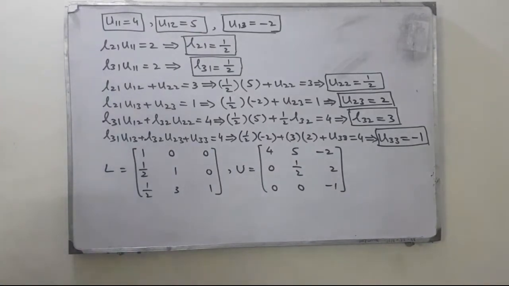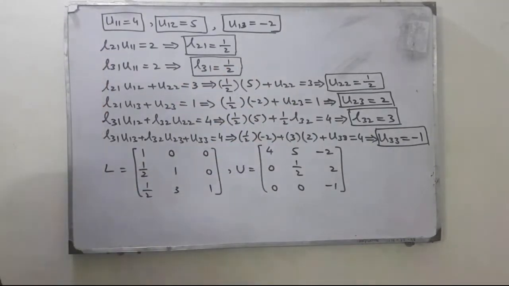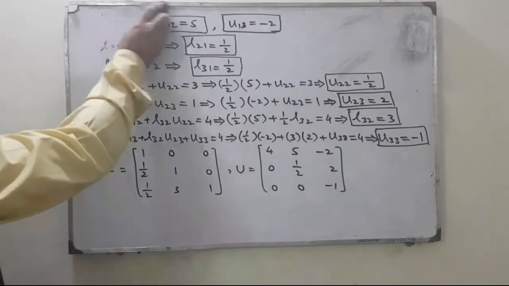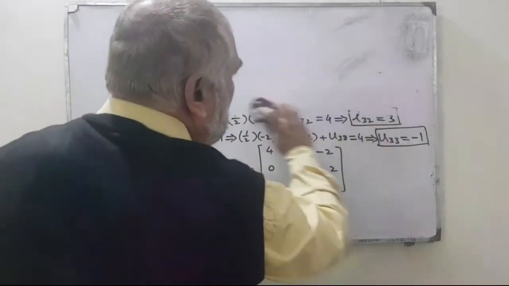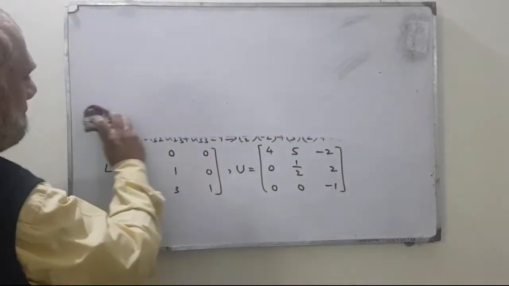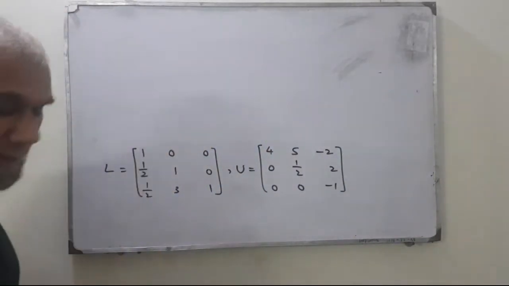So these are the 2 matrices L and U. I hope you can understand it very easily and you can verify all these calculations yourself. Now we proceed to the next step of the algorithm. So this is the major step of this whole method.